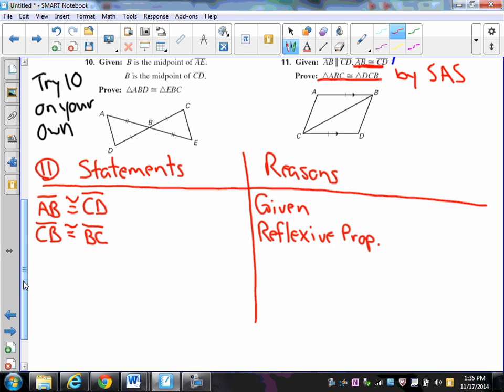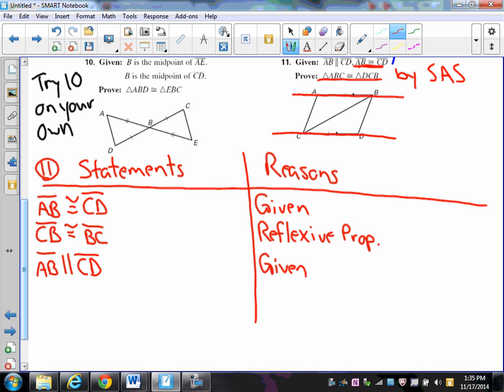So then we use our given information again. We say segment AB is parallel. Remember, that symbol means parallel to segment CD. That's given.